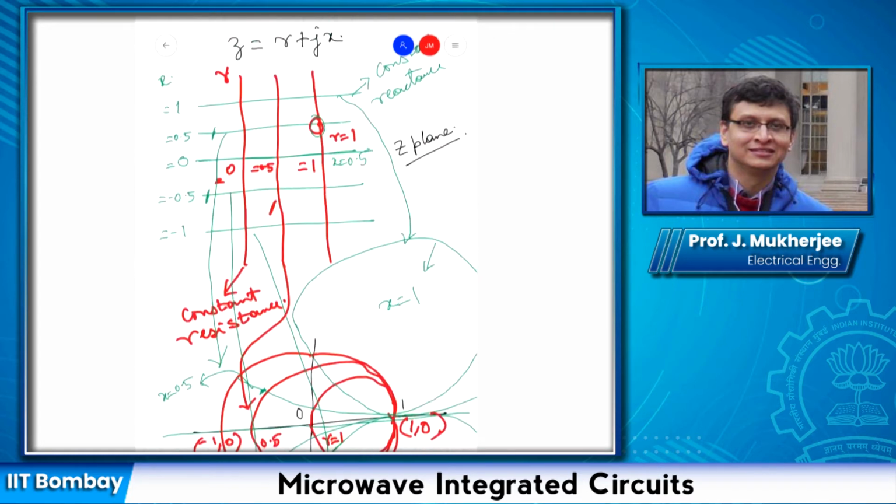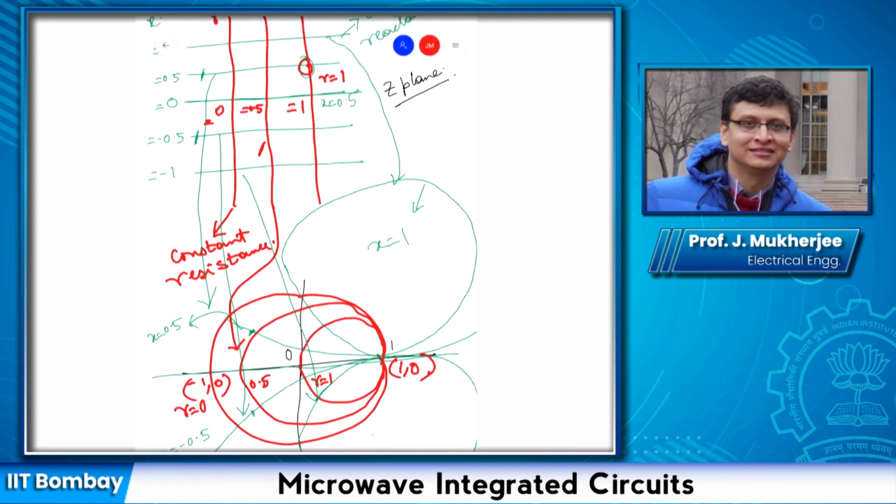What is the corresponding point on the Smith chart? First we locate the R equal to 1 circle. This is the one. Next is the X equal to 0.5 circle. This is the one.